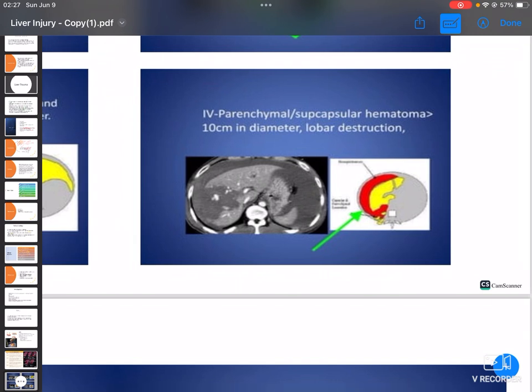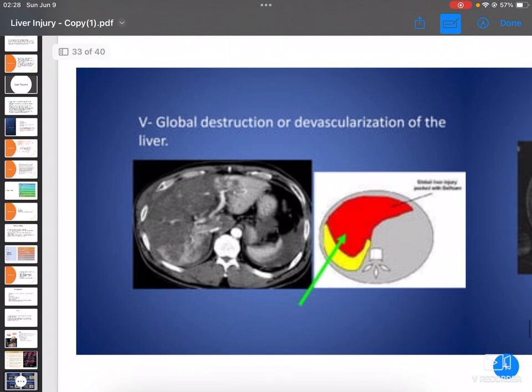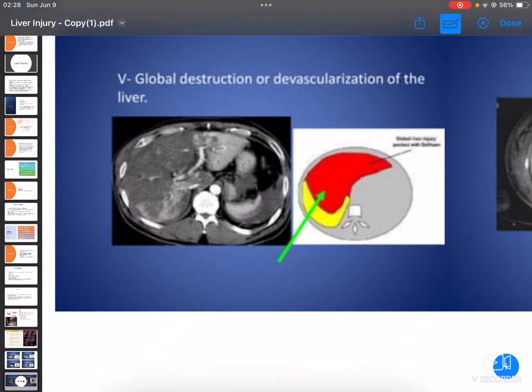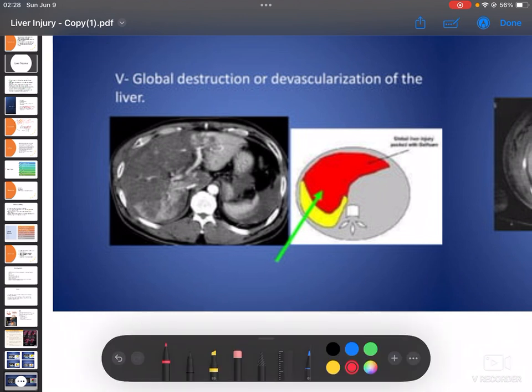Grade 4, parenchymal or subcapsular hematoma more than 10 centimeter diameter, and there is global right lobe destruction, devascularization of the liver. Here we can see there is major devascularization.